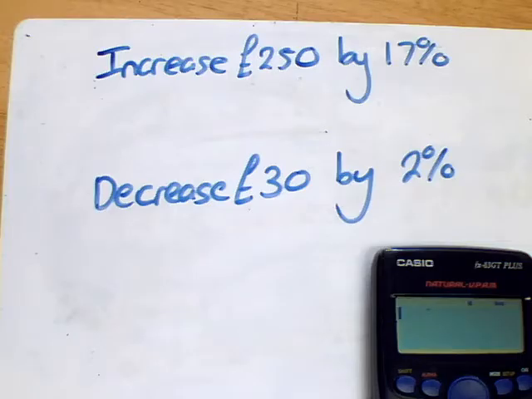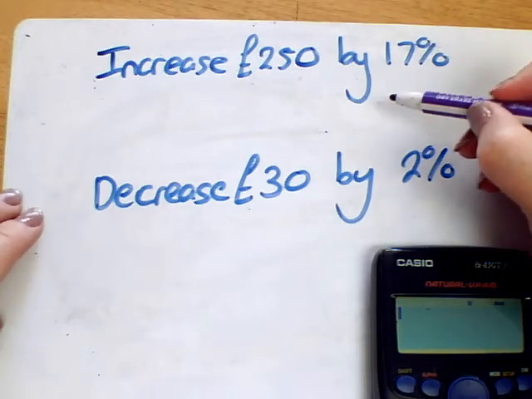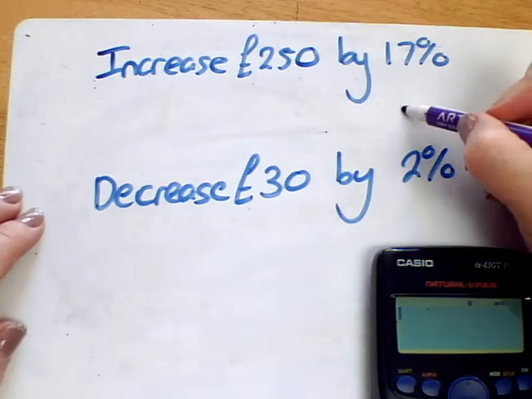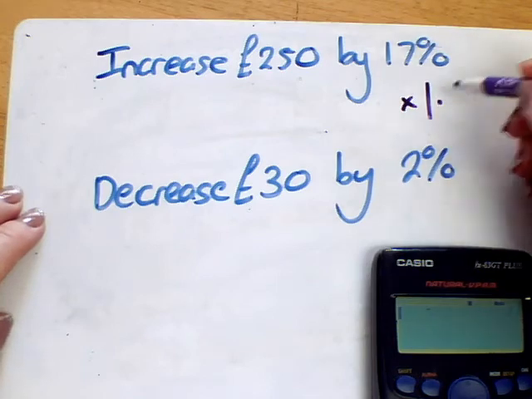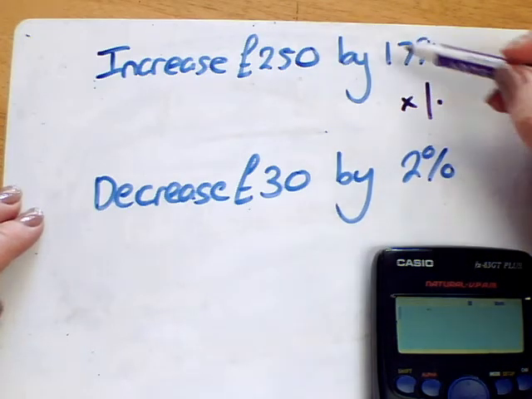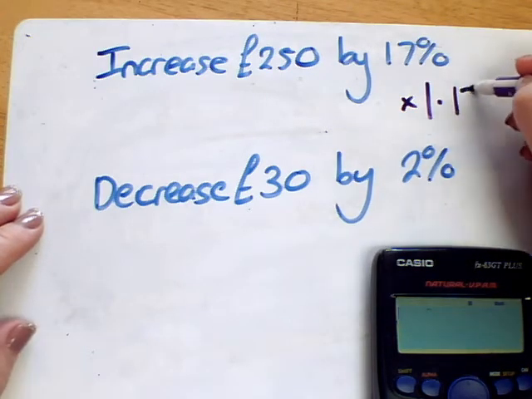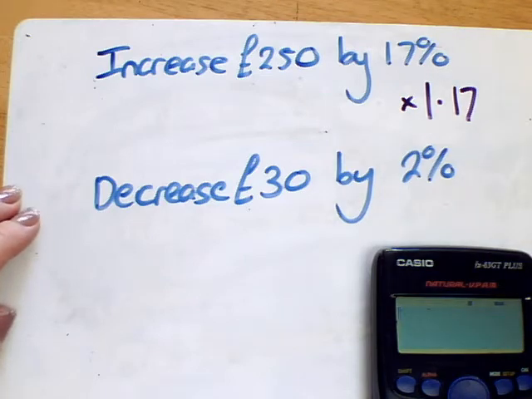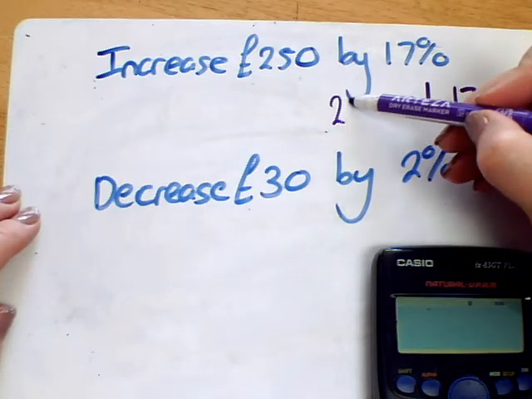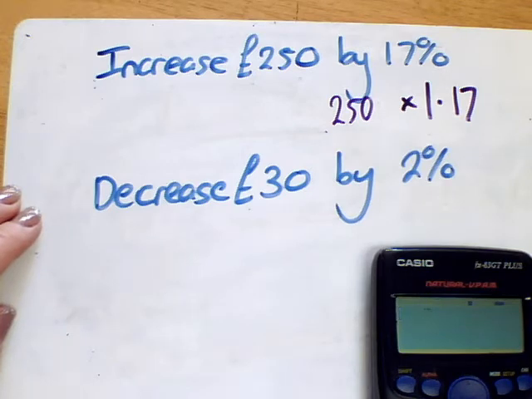Okay, so let's have a look at a couple of these examples then. So if I wanted to increase £250 by 17%, okay, all I'm going to do is my multiplier number is going to be 1, all of the £250, and the 17% on top, and I'm going to multiply that by 250.